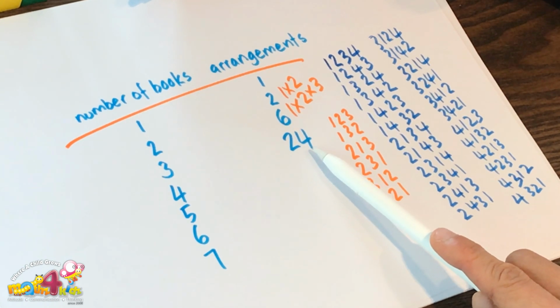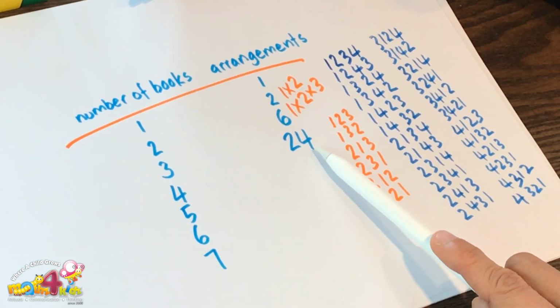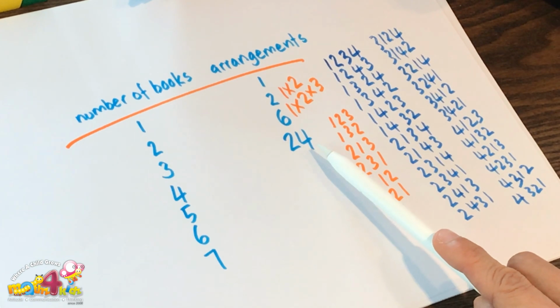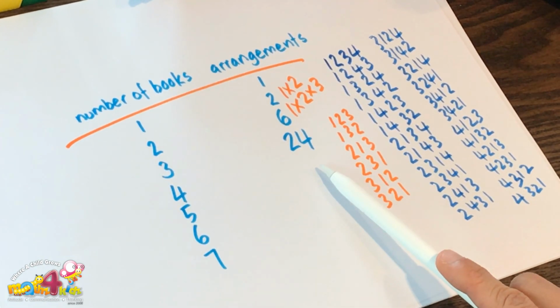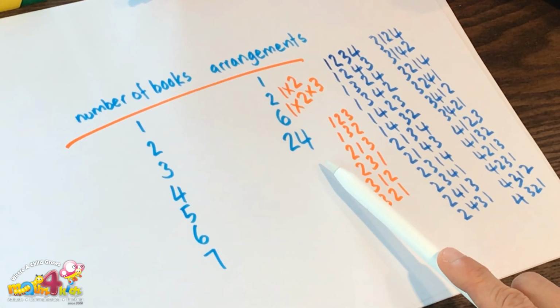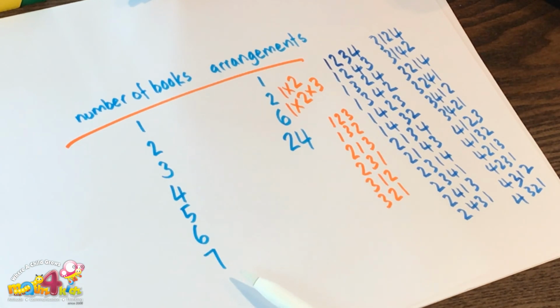Is the product 24? Oh, yes it is. So I think that pattern works. With 5 books, possible number of ways would be 1 times 2 times 3 times 4 times 5. And I think I know the answer to our problem.